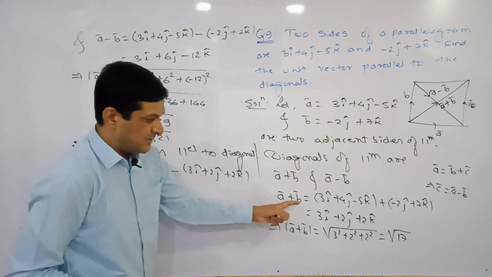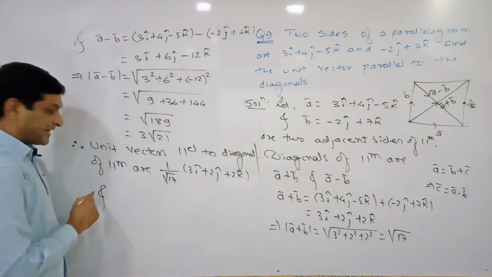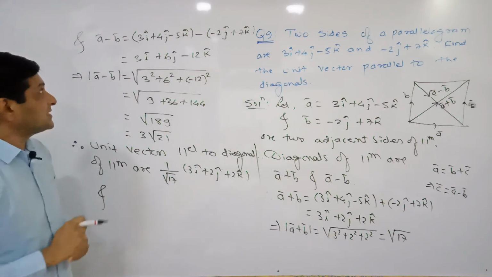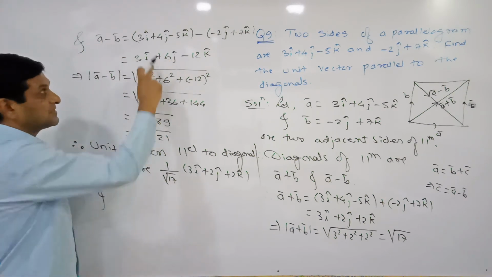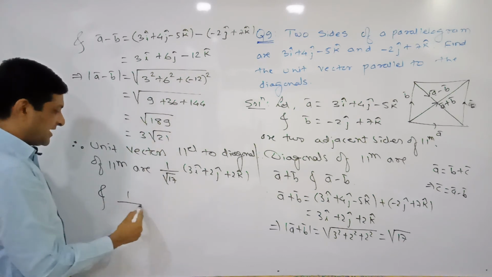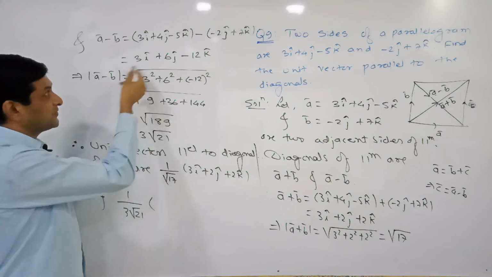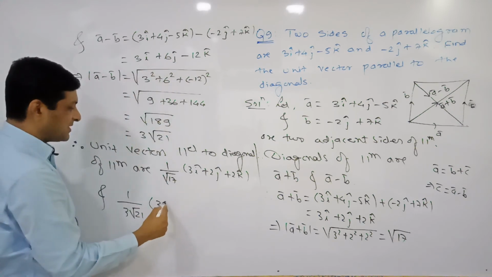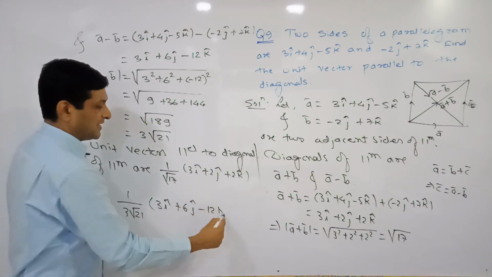And the unit vector along the second diagonal, A bar minus B bar, we divide by its magnitude, meaning 1 upon 3 root 21 into 3i cap plus 6j cap minus 12k cap.